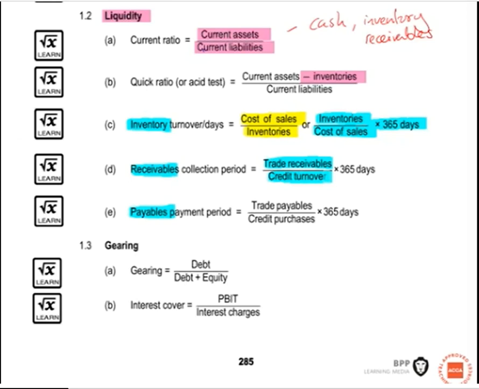If we don't know the breakdown of the figures, it's reasonable to make that assumption in the exam room. With payables, we take our trade payables, the amounts owed to our suppliers, and divide them by the credit purchases. Again, if you're just given one figure for purchases, assume all the purchases were on credit.